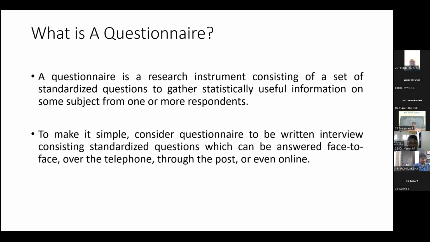So the questionnaires should be very simple. Consider the questionnaire to be a written interview consisting of standardized questions which can be answered face to face, or even by telephone. We will be able to call and collect the opinion, or we can physically send the questionnaire physical copy and then collect. These are the good old methods.